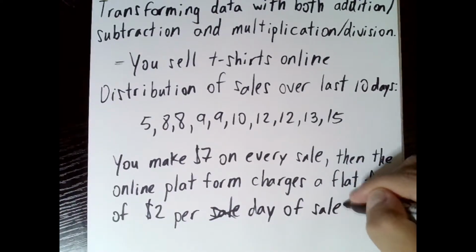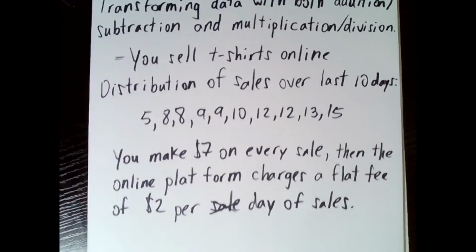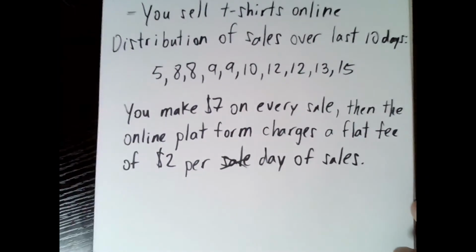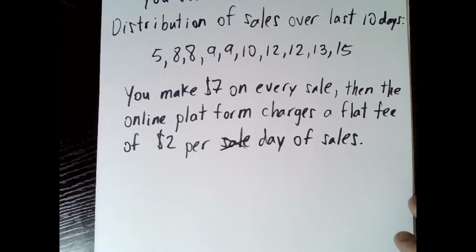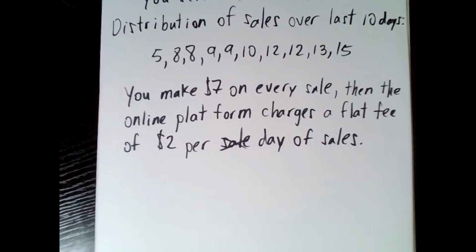So every day you use the company, at the end of the day, however much you sold, they take $2 off your sales. I know it's maybe not a business strategy that many online companies would employ, but just humor me for this one. This is more just to demonstrate how exactly this would change things. So you make your profits each day, and at the end of the day, when you count up your profits, you have to put $2 aside to pay a flat fee to the online platform.